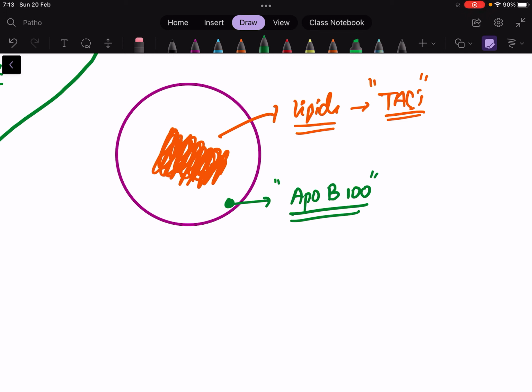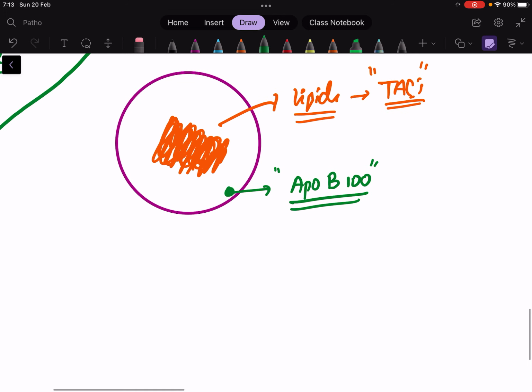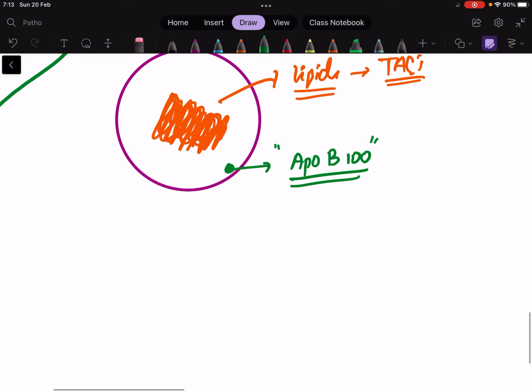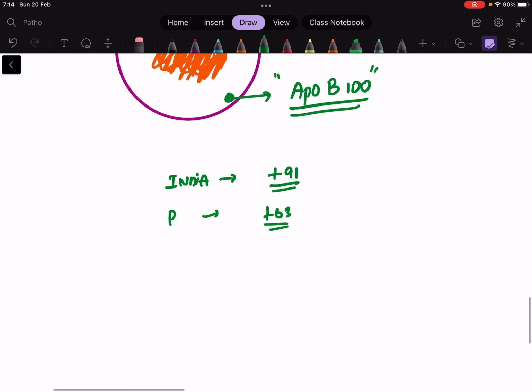Okay, so what can we say when you see this type of picture? I will give a simple example. For India, the phone number will start with +91, and for Philippines it is +63. For the UK, the phone number will start with a universal code, +44, and for the USA, I think it's +11.